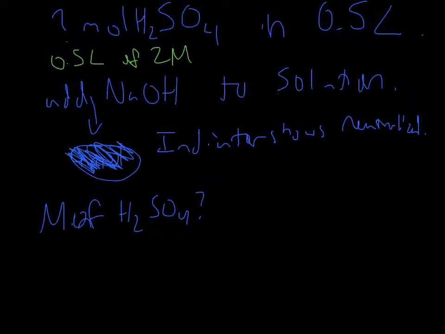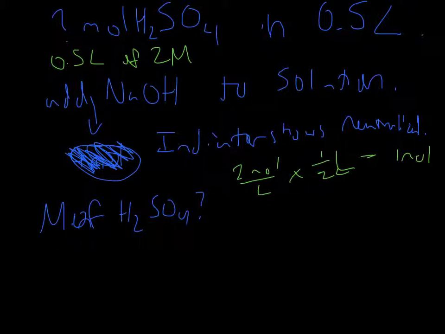Well, first, how much sodium hydroxide did I add? 2 moles per liter times 1/2 liter makes 1 mole added, right? Now we need to know how many moles of the H2SO4 there are.